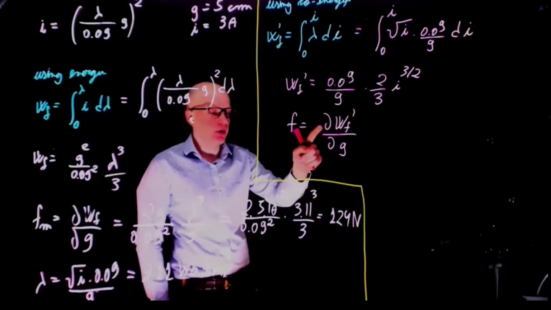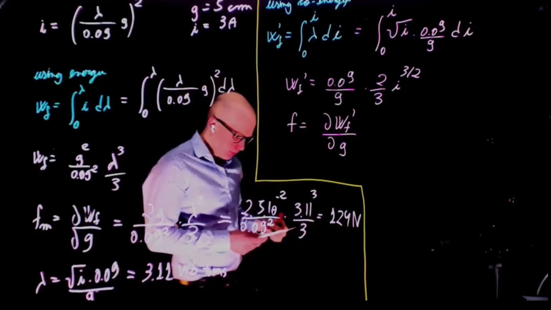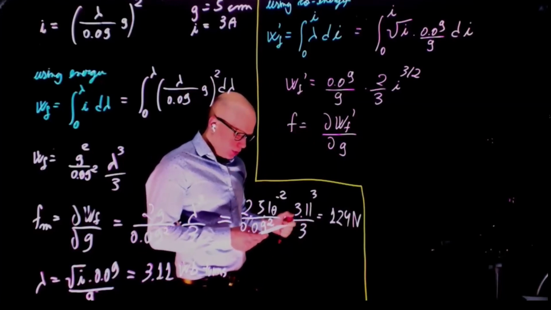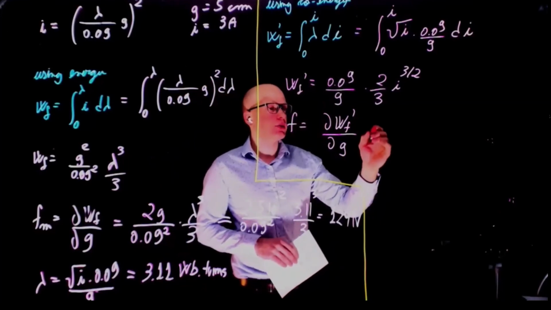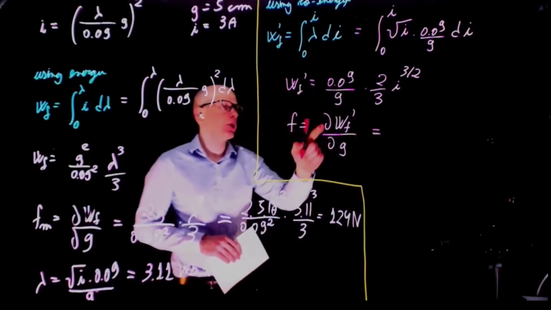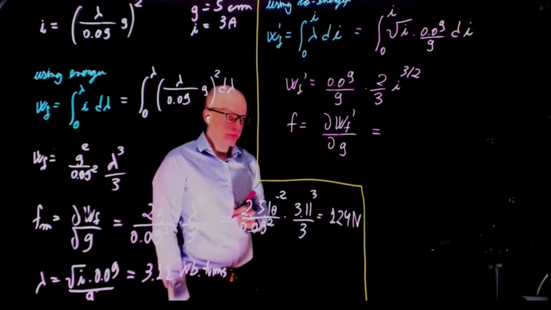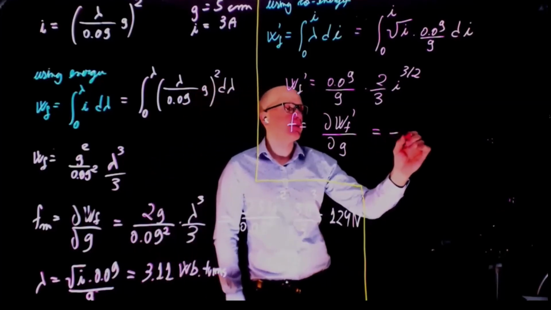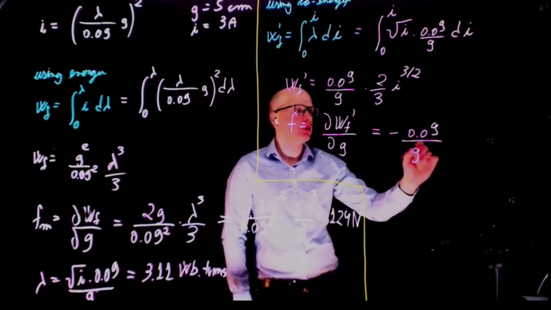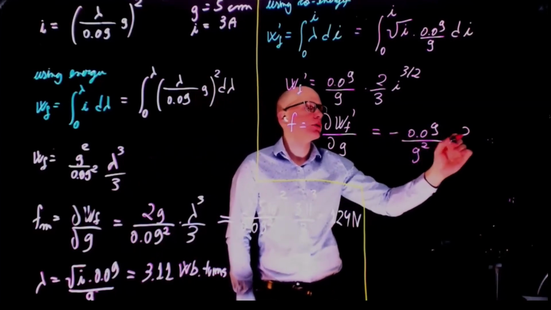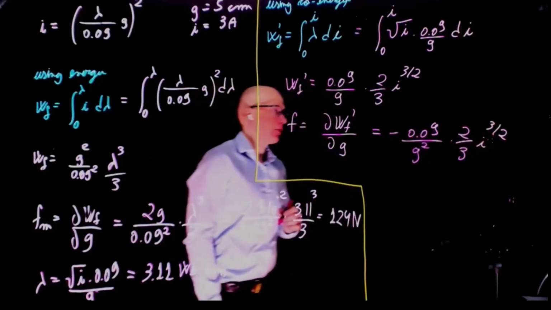The derivative of the field energy with respect to G. What is the result here? What is the derivative of this expression with respect to G? It's negative 0.09 times G divided by G squared, 2/3 I to the power of 3/2.